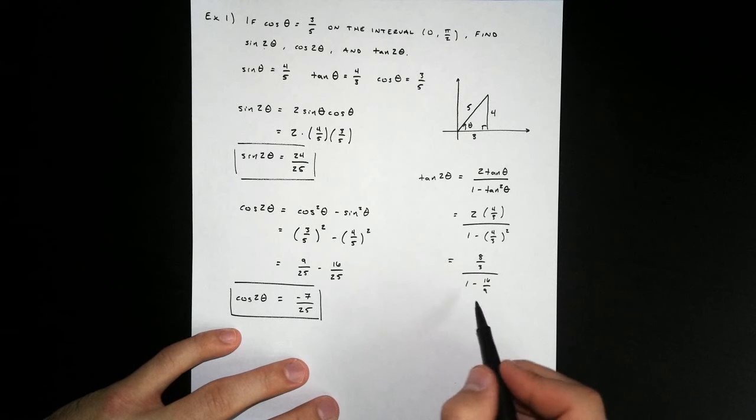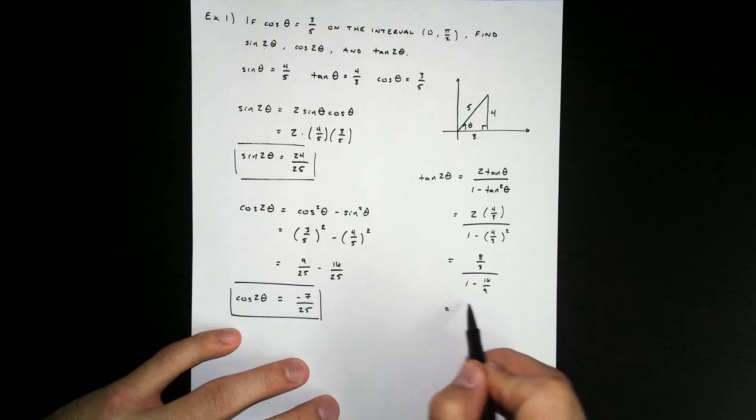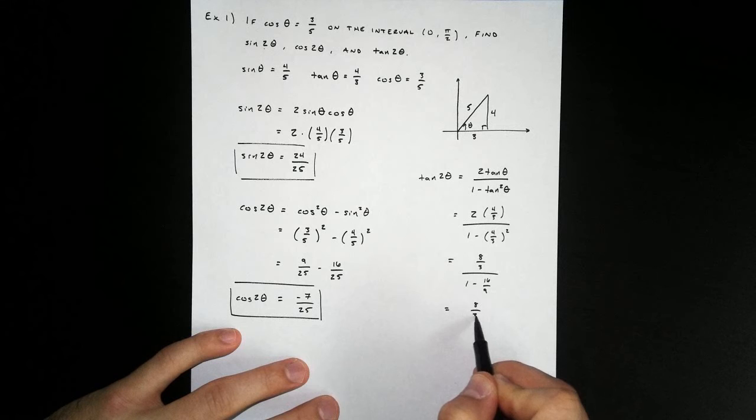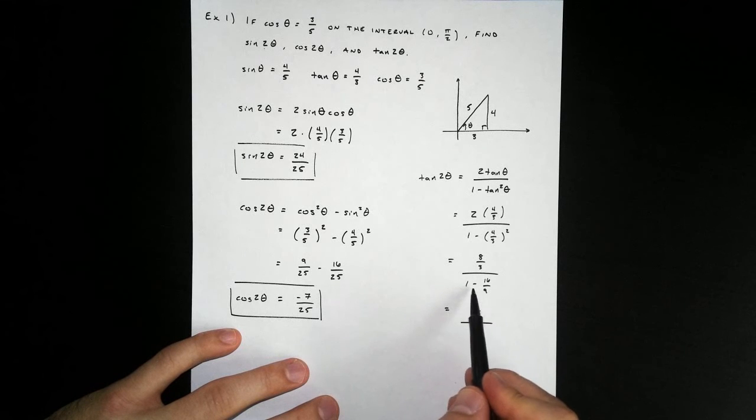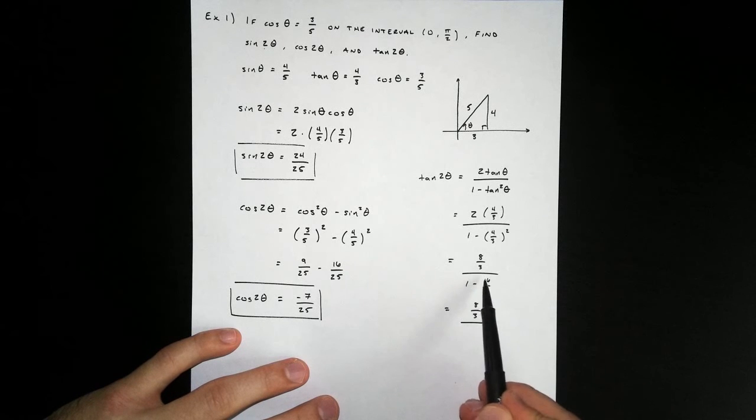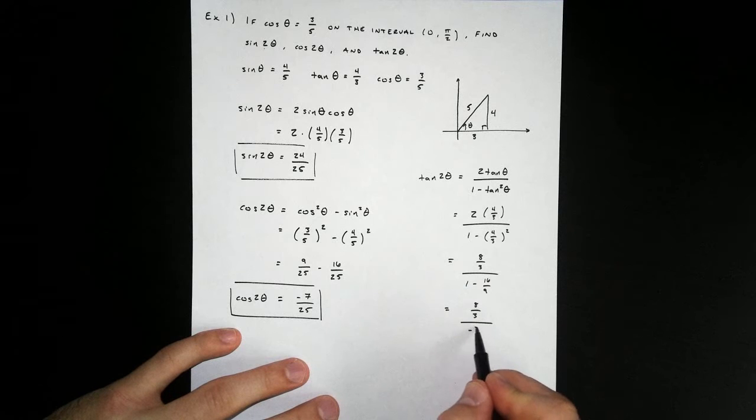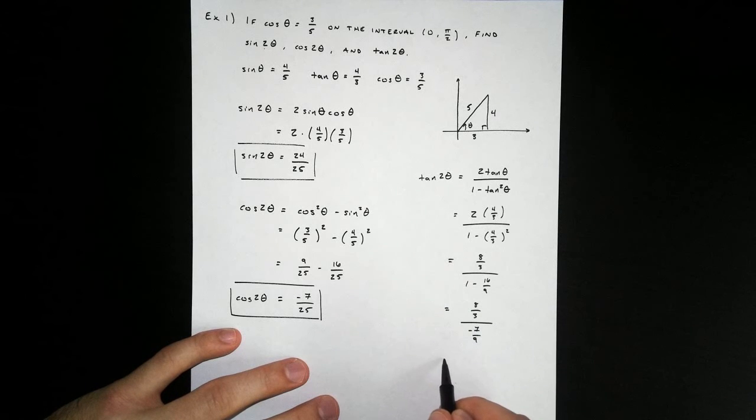All right, just working with this a little bit more. 8/3 over 1 minus 16 over 9, so 1 is the same as 9 over 9. And then if we do, let's see, 9 minus 16, it's negative 7/9. And then we can change this to multiplying by the reciprocal.